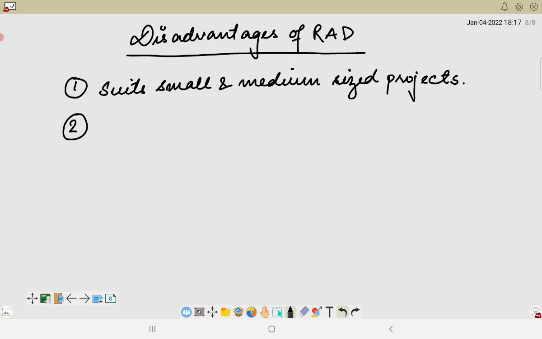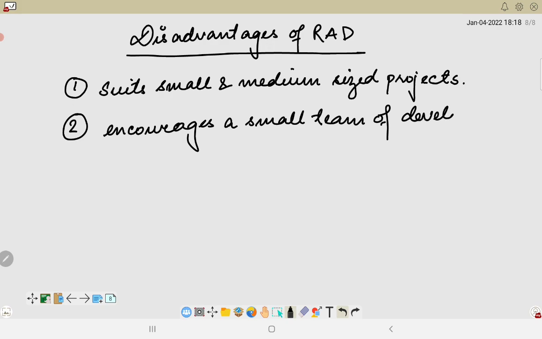So in order to achieve this, it is crucial that all the members of the team are highly skilled and familiar with the tools being used, which is not always feasible. So these developers essentially need to be highly skilled, which becomes a challenge.